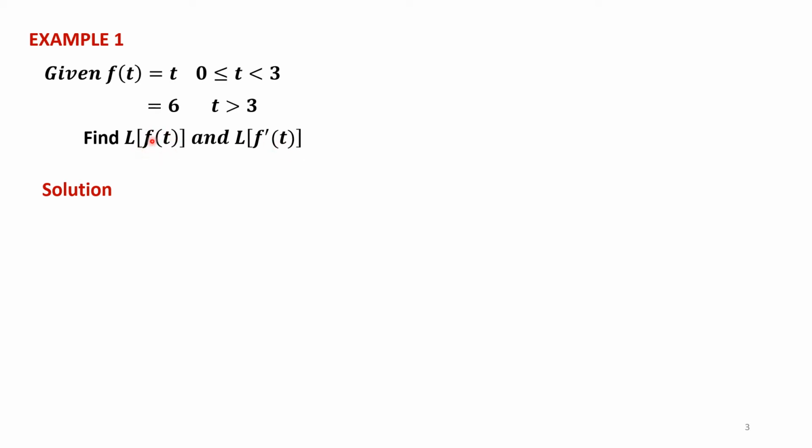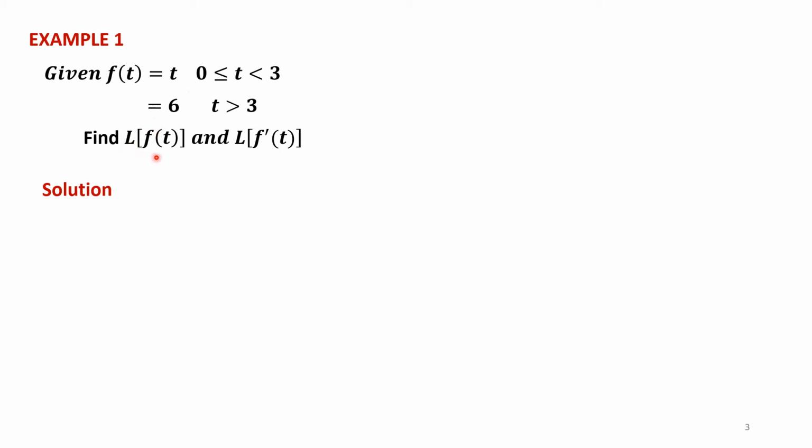First, we have to calculate L of f of t, and then in the formula for L of f dash of t, we require L of f of t and f of 0. So what is f of 0 from the given function? When t is varying from 0 to 3, f of t is t, which means that f of 0 will become 0.